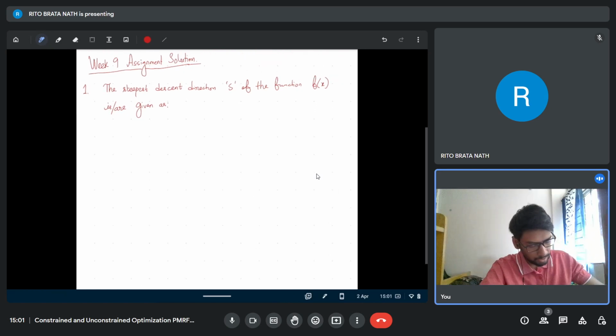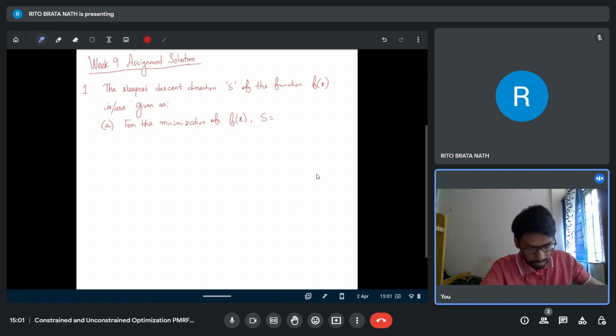The options are: option A is for the minimization of f(x), S is grad f(x). Option B is for the minimization of f(x), S equals minus grad f(x).